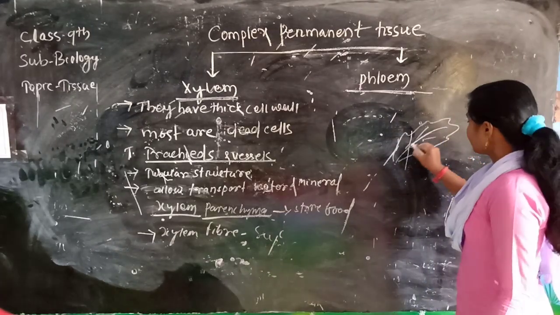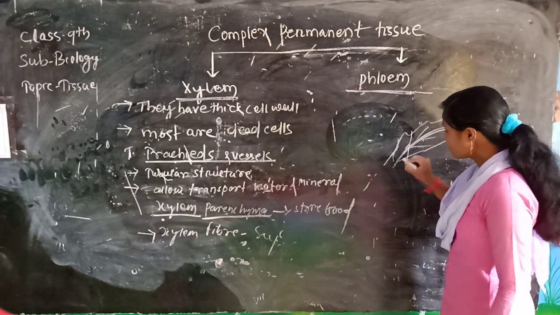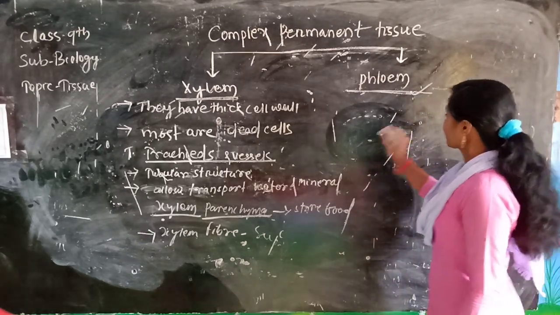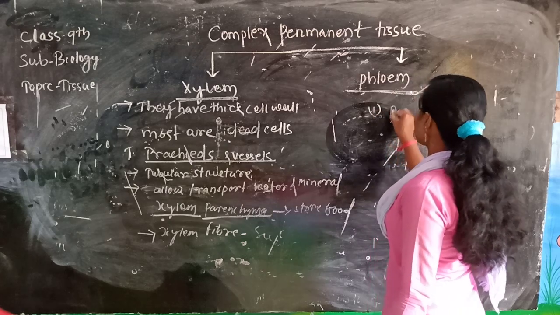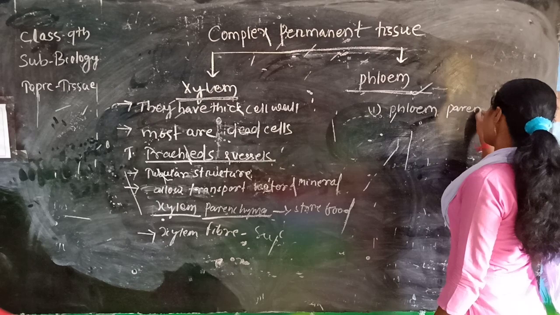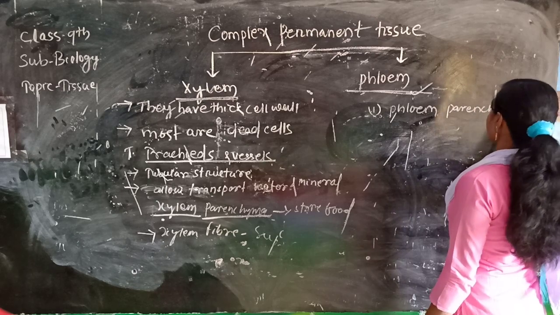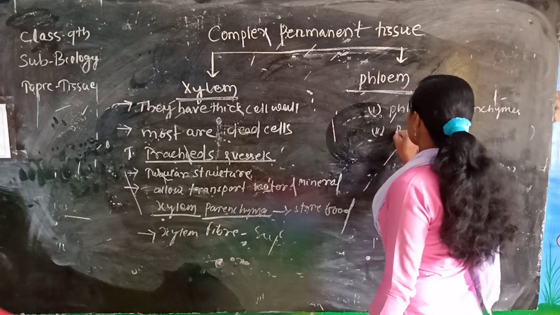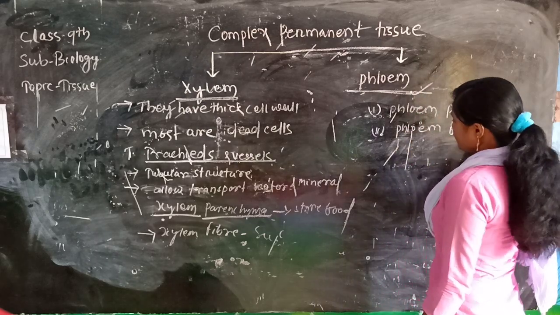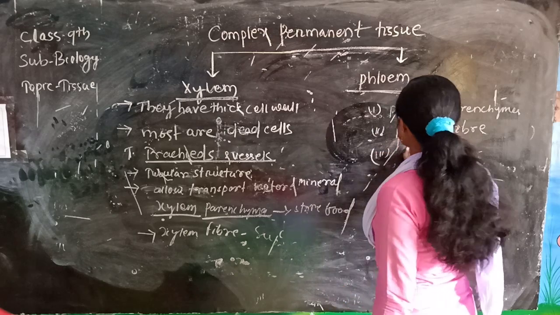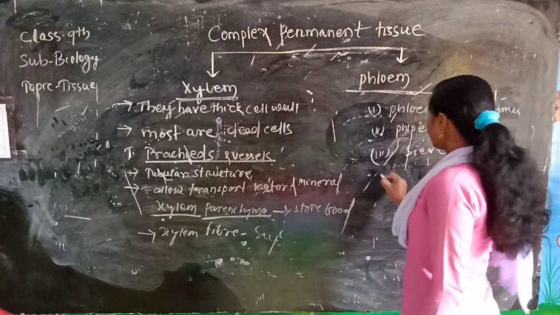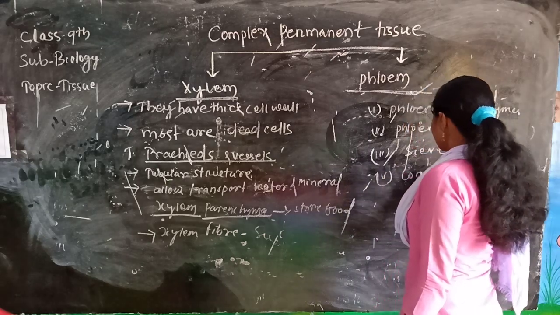So the prepared food is transferred through the phloem, and it consists of phloem parenchyma, phloem fiber, sieve tube, which is tubular in structure, and companion cell.